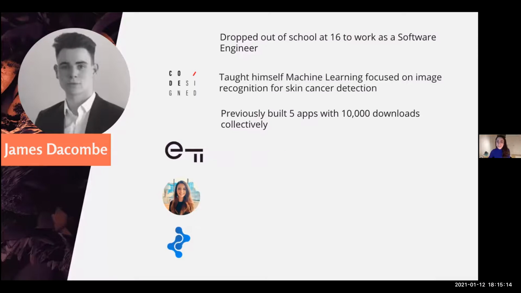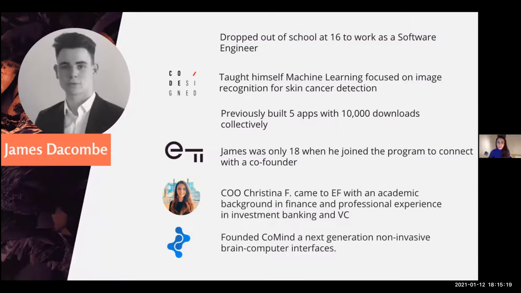Thanks, Maya. All right, so first up, we have James. So James is the founder and CTO of a company called CoMind. He's definitely an outlier, and this is a rare situation for EF. But one of the reasons why we wanted to highlight James today is that he actually joined the program straight out of high school. So James started programming when he was 13 years old.